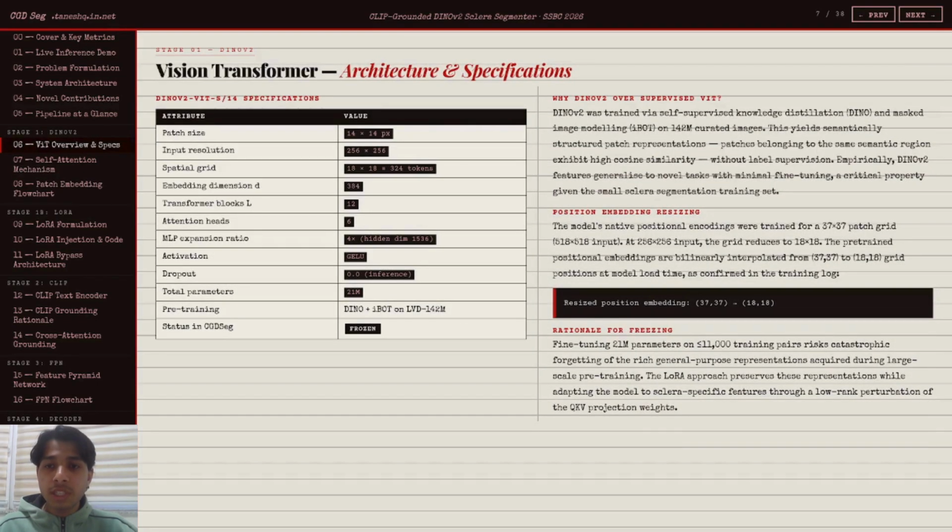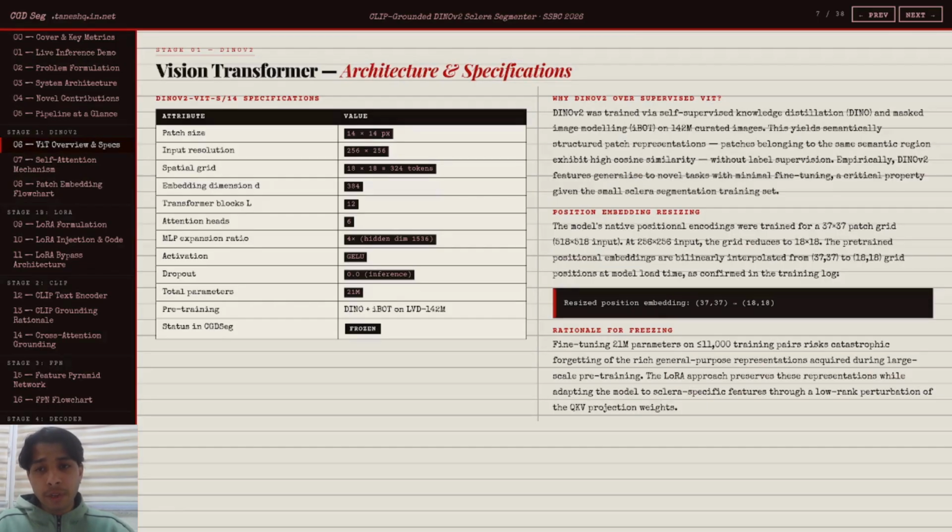The first stage uses a model called DINOv2, which is a vision transformer, ViT for short. To understand what it does, imagine cutting the input image into a grid of 324 small 14 by 14 pixel tiles called patches. Each patch becomes a vector of numbers, a compact description of what's in that tile.